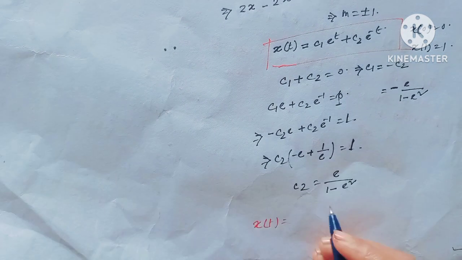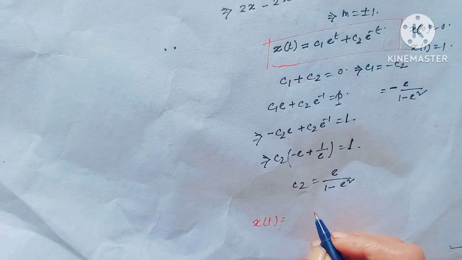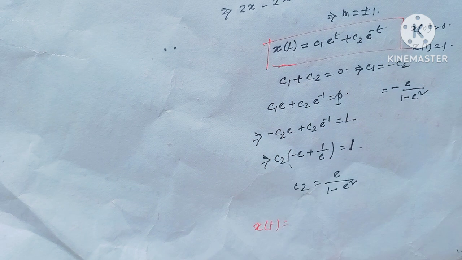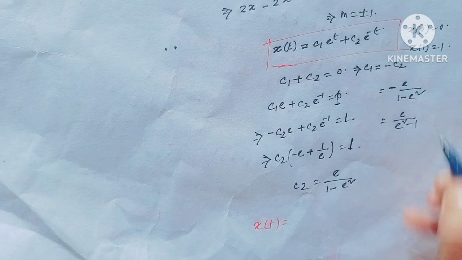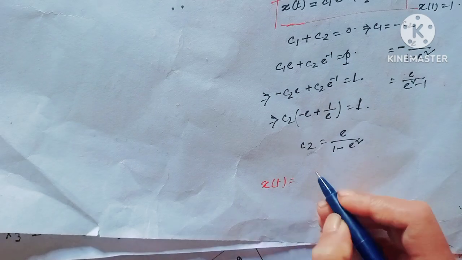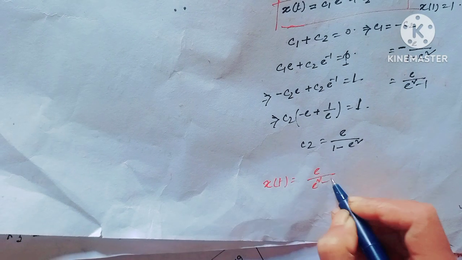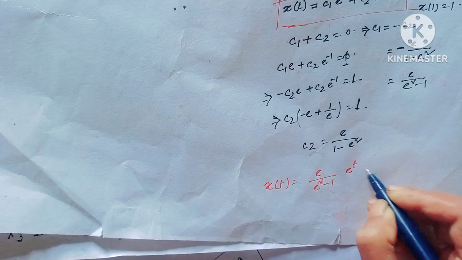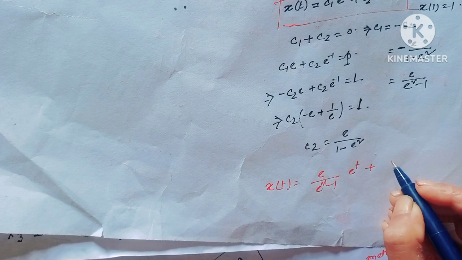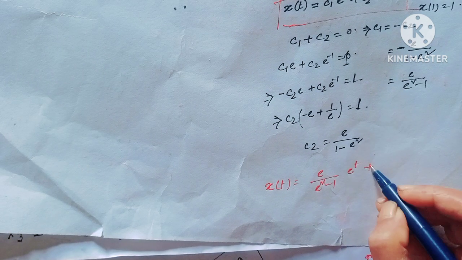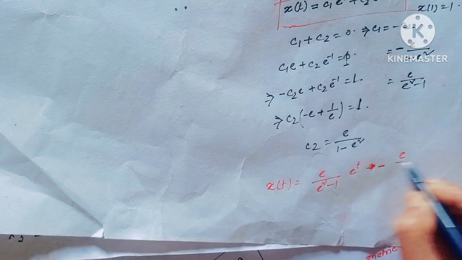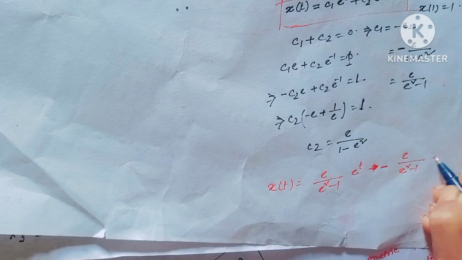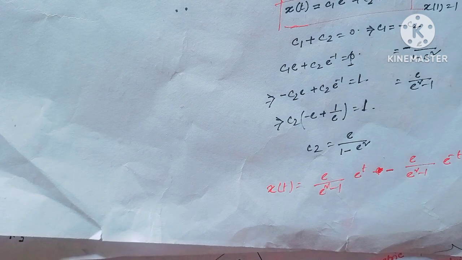Therefore x(t) equals e over e squared minus 1 times e to the power t, plus c2, which is e over 1 minus e squared; taking the minus common, this is minus e over e squared minus 1 times e to the power minus t.